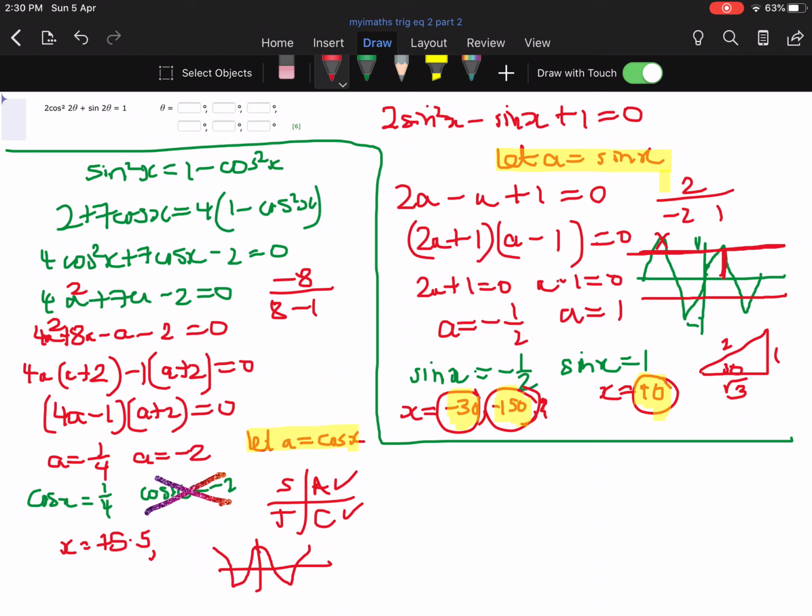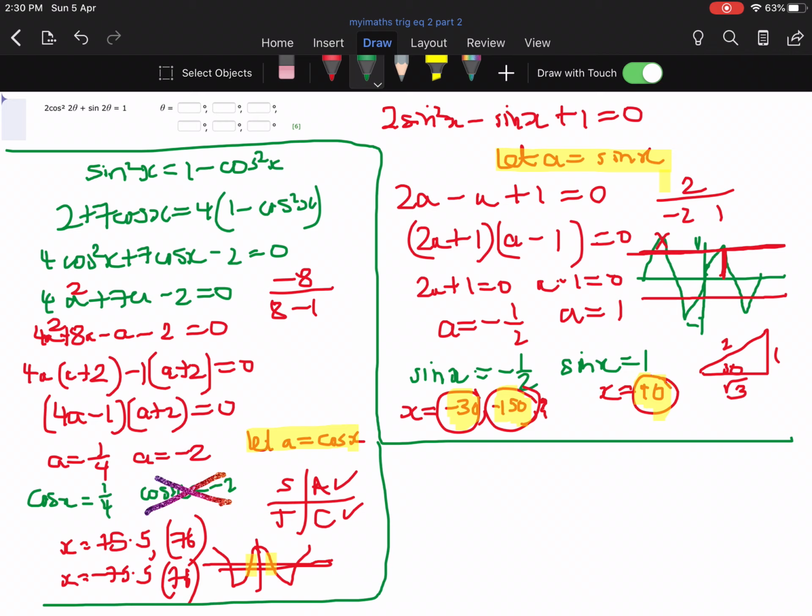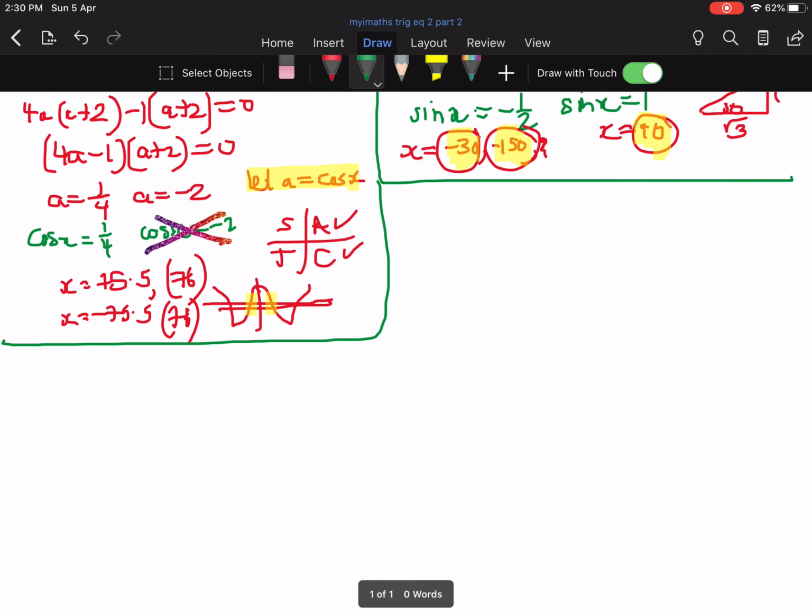If a quarter is about here, then the two angles are this one and this one. So if that one's 75.5, then I also have to have the negative of that. So that's going to be 76 and negative 76. So that's that one done. Two possible answers, the rest are outside of the range. Right, on to the last one.